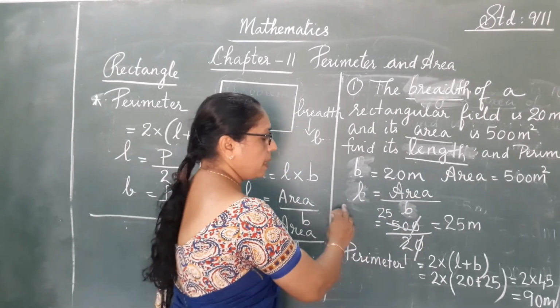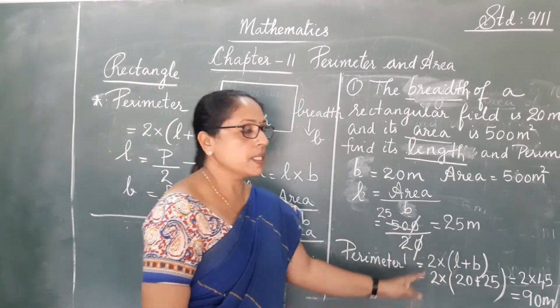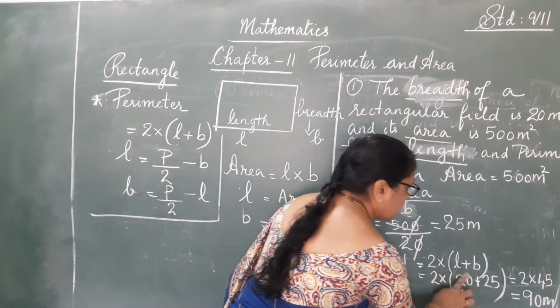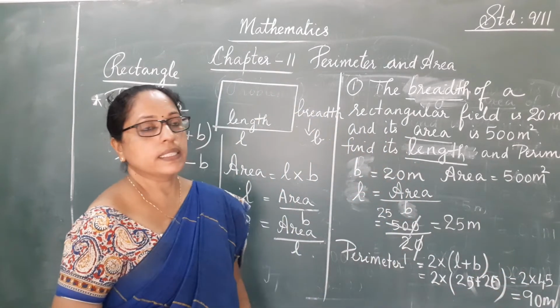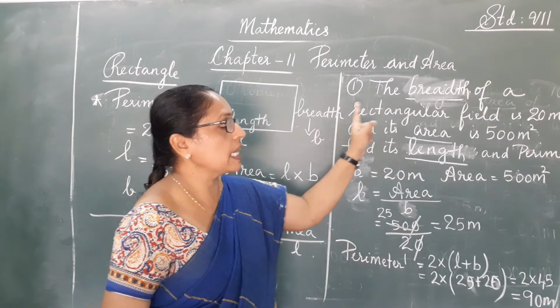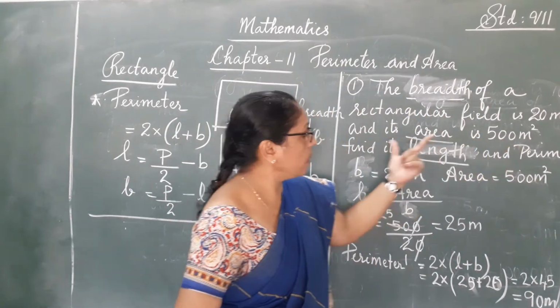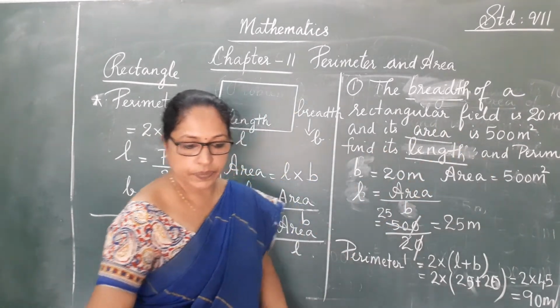Then putting in the formula, perimeter is 2 into (L plus B), so 2 into (20 plus 25), 45, 90 meter. So that's the question: the breadth of a rectangular field is 20 meter and its area is 500 meters square. Find its length and perimeter.